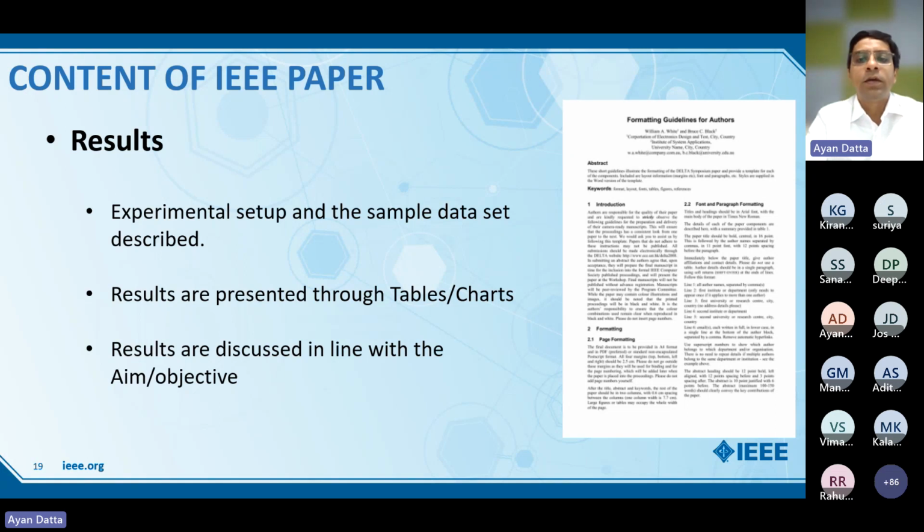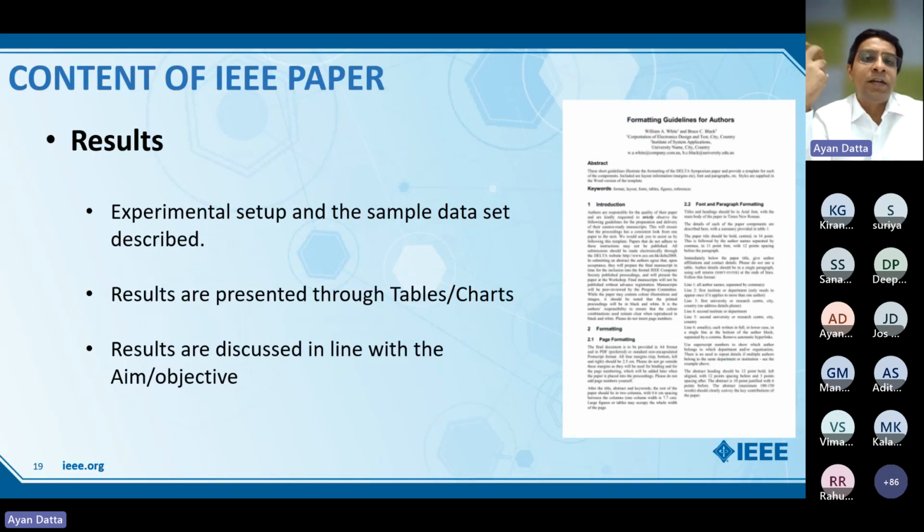So it's very important. Second, the sample data set, right? This is where the experience comes in, where you need to take your call on whether the sample data set shown as a result is a good candidate to conclude that the claims made by the author, that this idea is good, and these are the results. So the sample data set should support the facts and the figures, right?